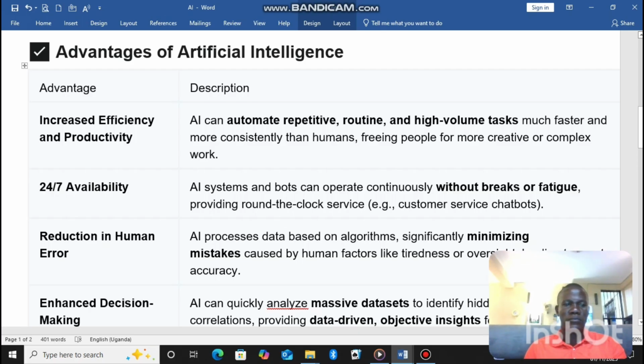Then there is this one here, 24/7 availability. Here we mean all systems and bots can operate continuously without breaks or fatigue, providing round-the-clock service. Example, customer service chatbots.